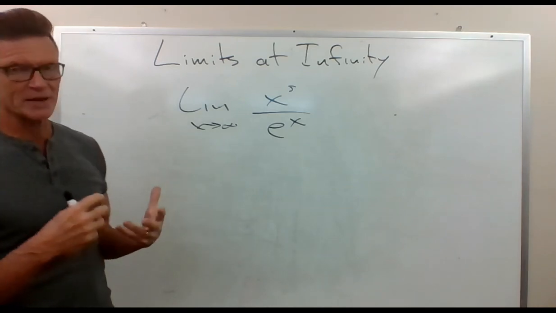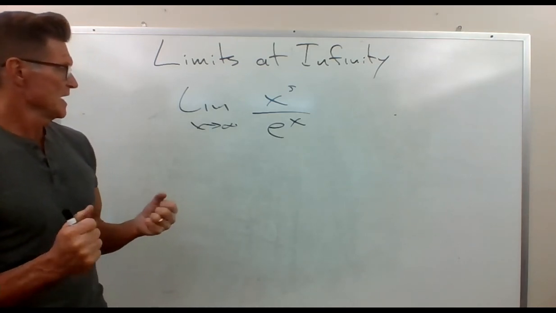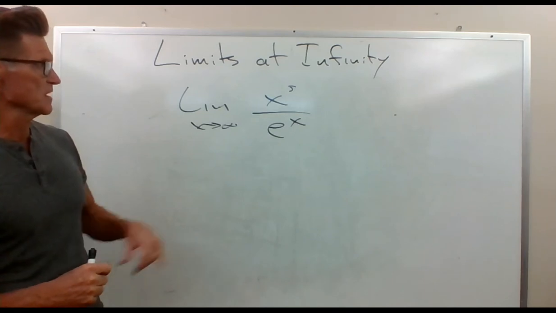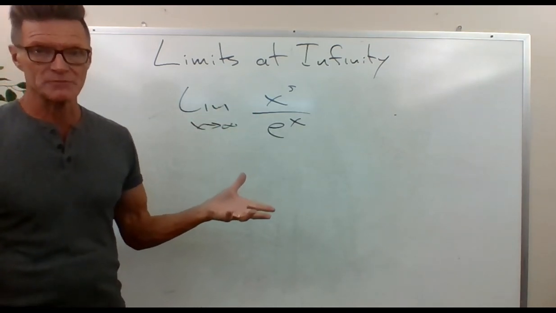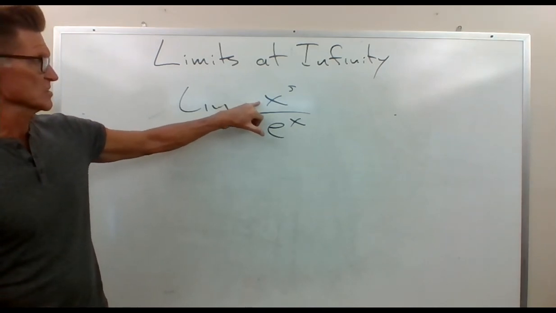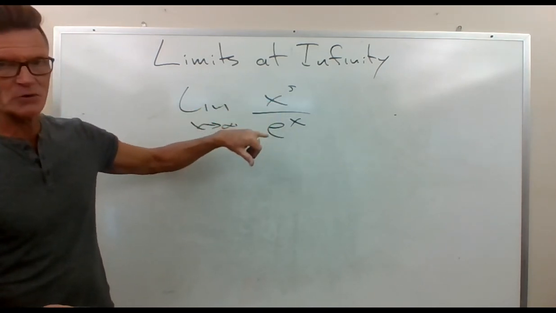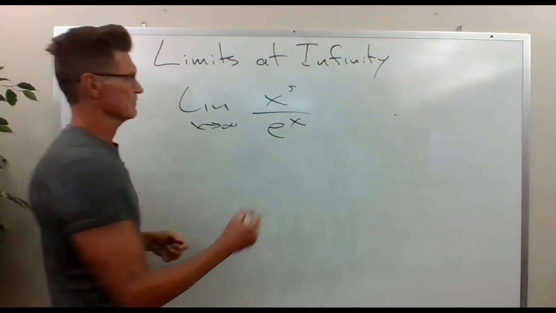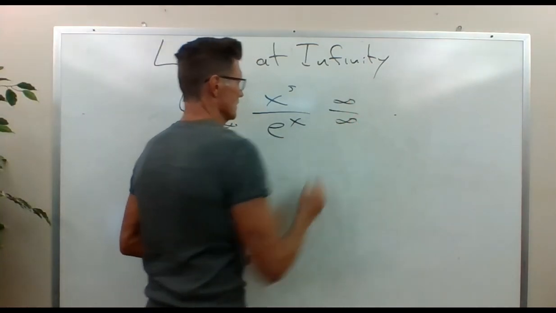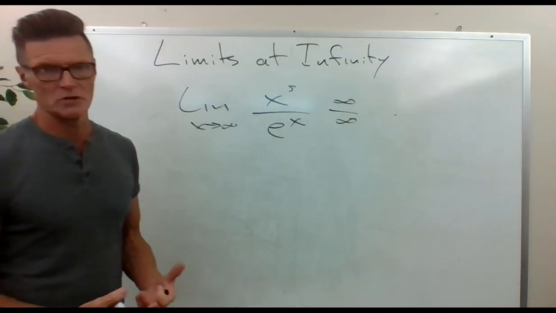Of course, you have to have the indeterminate form. And as x approaches infinity, we would have infinity over infinity, which is the indeterminate form, because infinity to the 5th power is infinity, e to the infinity is infinity, which means we can apply L'Hopital's rule.